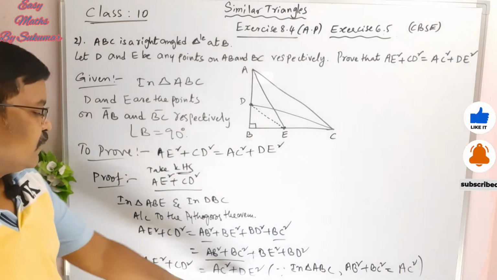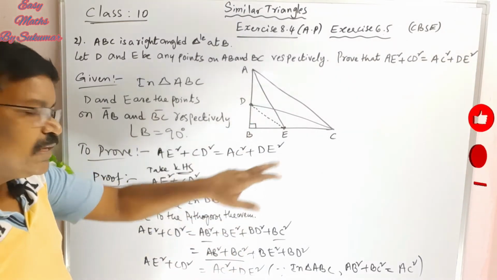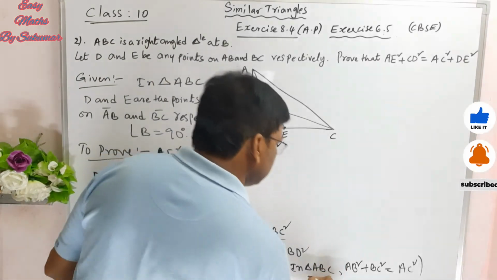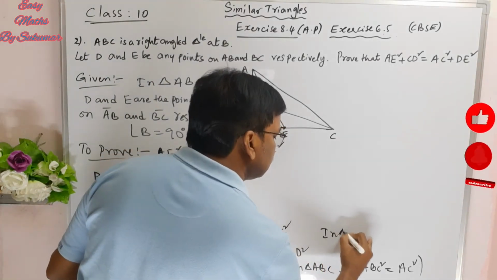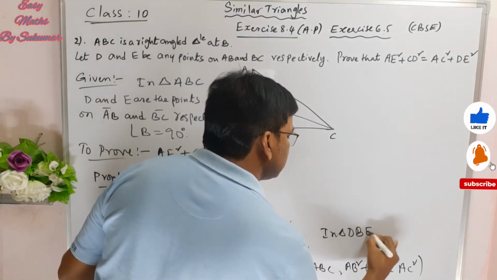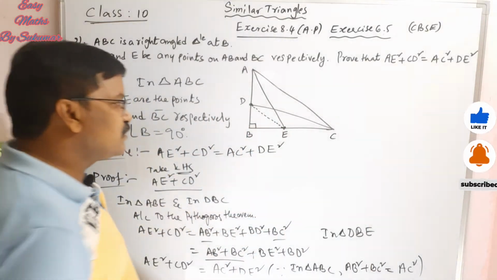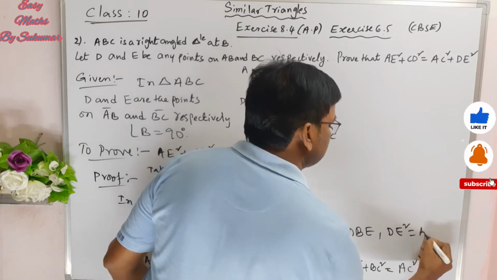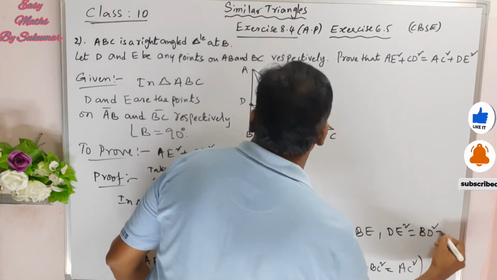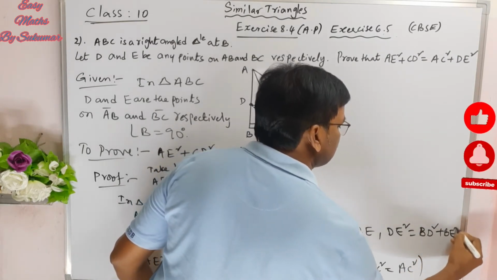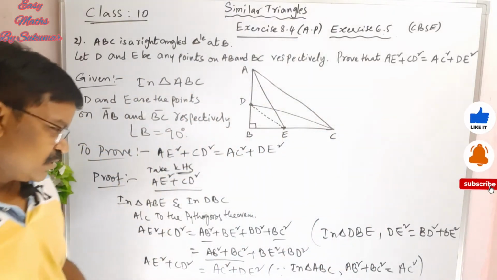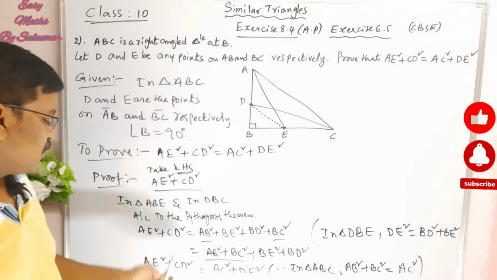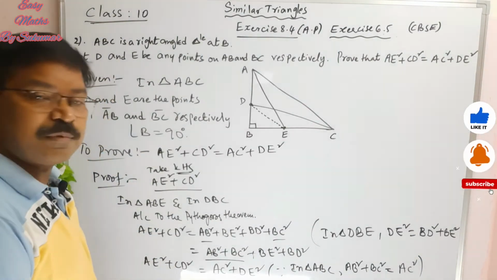Similarly, in triangle DBE, DE square is equal to BD square plus BE square. Hence it is proved. These are the two reasons. So AE square plus CD square is equal to AC square plus DE square.